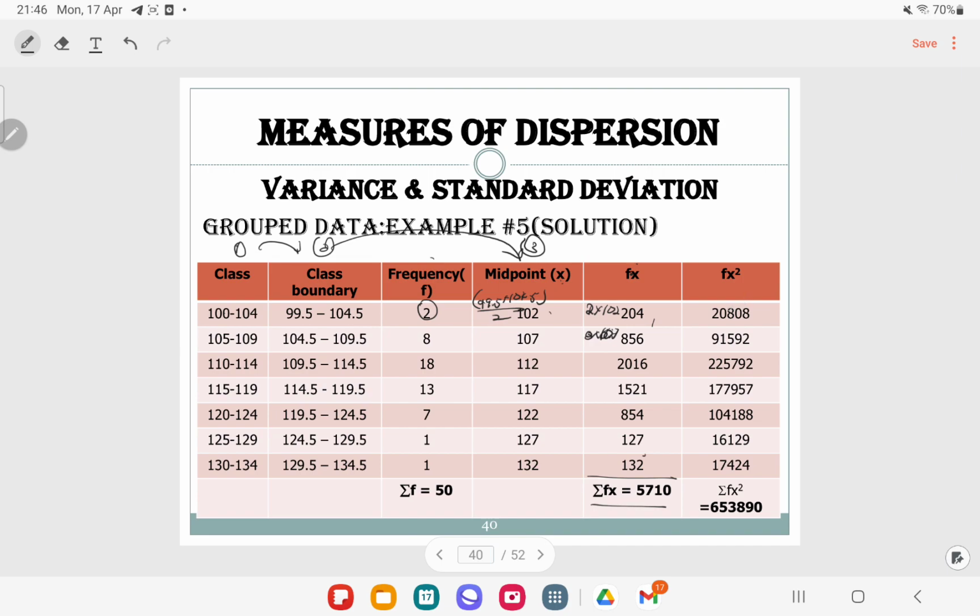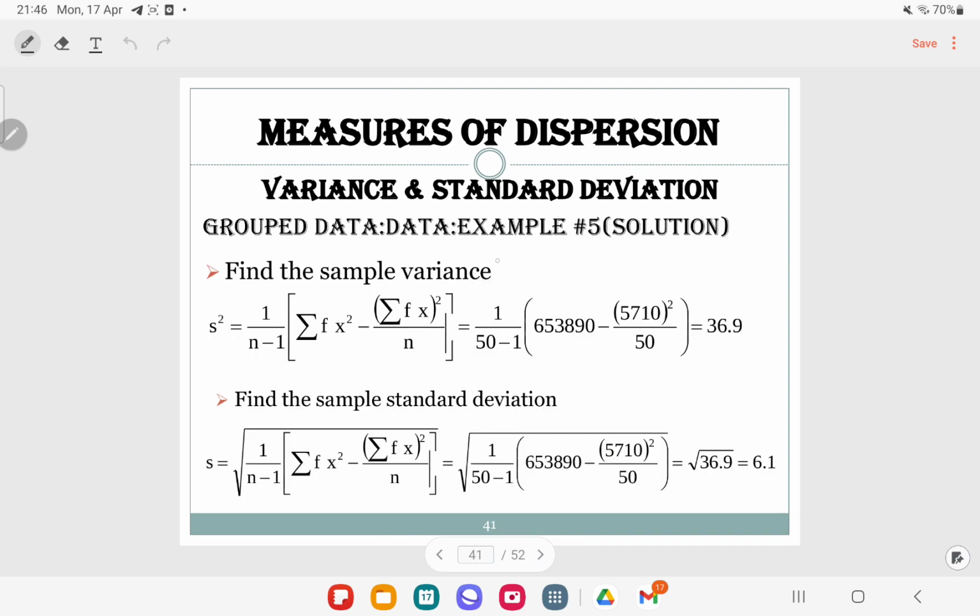Same goes with the fx squared. We have here 2 multiplied with 102 squared. Here we have 8 multiplied with 107 squared, and so on. Then you get the summation value of the fx squared. Next, you plug it into the formula.